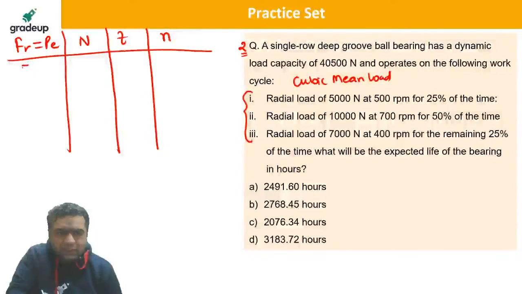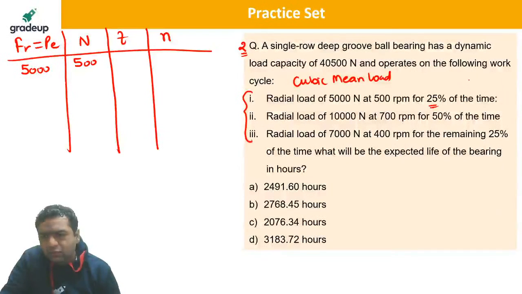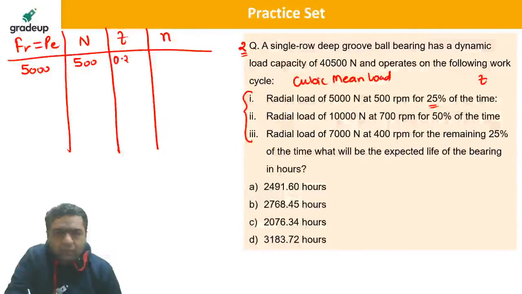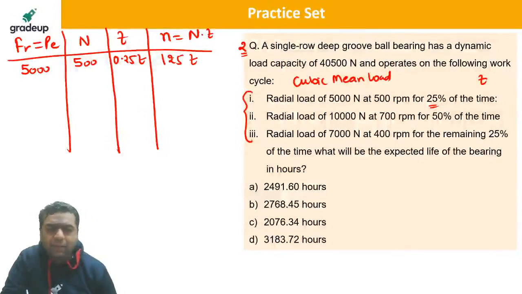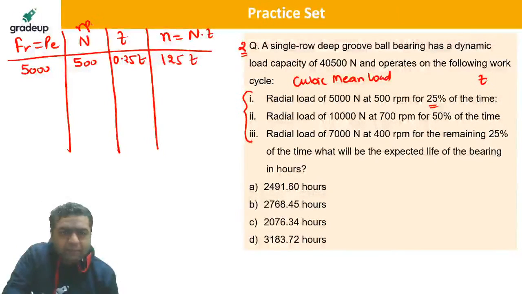So the first load is 5000 for 500 RPM, for 25% of time. Let us assume the time to be T, so it will be 0.25 T. If you multiply these two, number of revolutions is nothing but N into T. It will be 125 T. This is RPM, this is minutes, and this is revolutions.